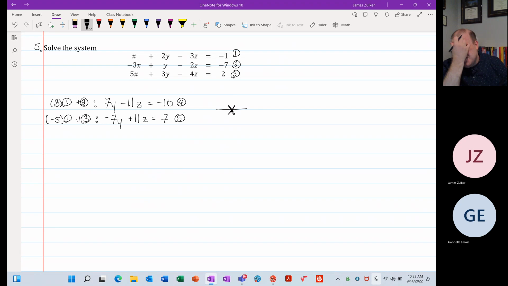This is a contradiction. If we multiply equation 4 by negative 1, you get negative 7y plus 11z has to equal, I'm sorry, positive 10. The same left side, basically what you're saying is 10 is equal to 7, which is nonsense.